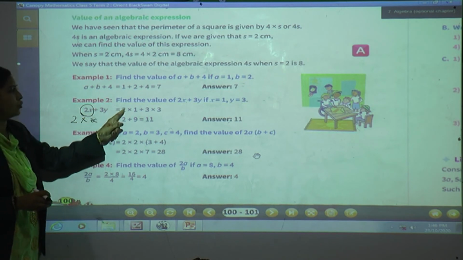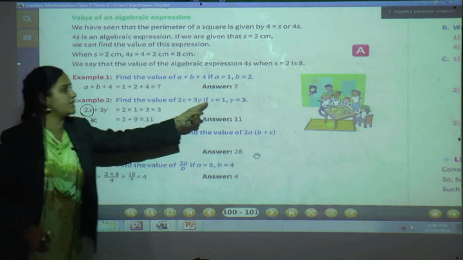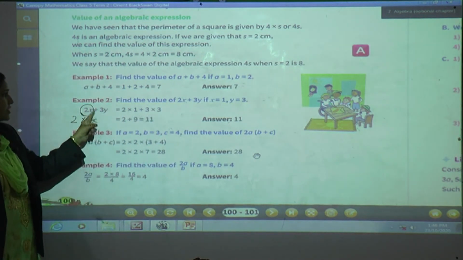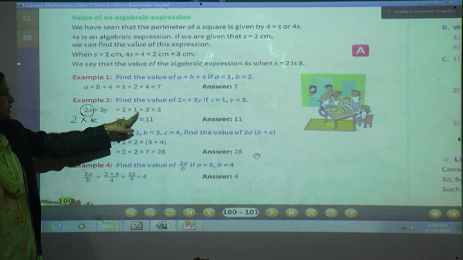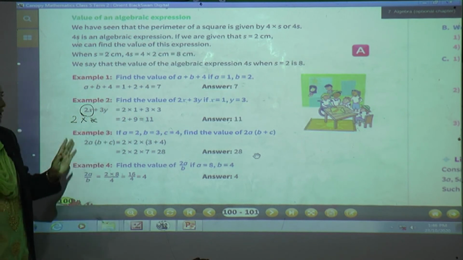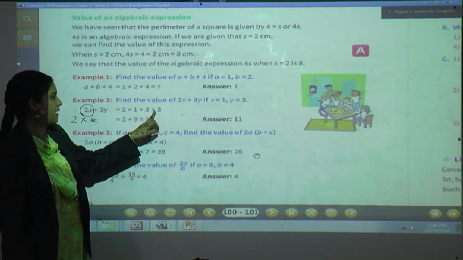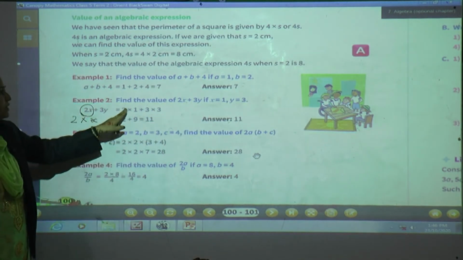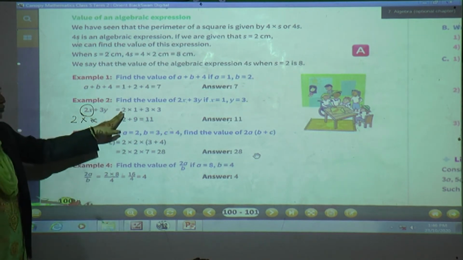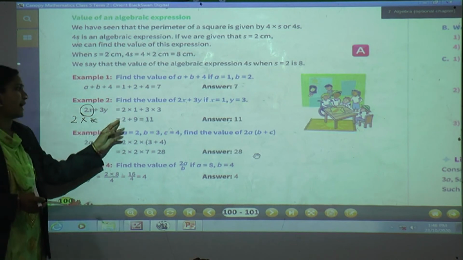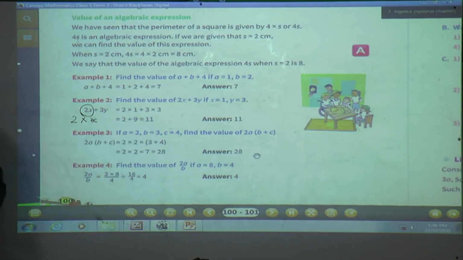So just write 2 multiplied by 1, because here they have given the value of x is equal to 1. And addition sign write as it is. 3y means 3 multiplied by y. So write 3 multiplied by the value of y, which is 3. So 2 multiplied by 1 is 2, and 3 multiplied by 3 is 9. So just add it, students. The addition is 11. Very good.